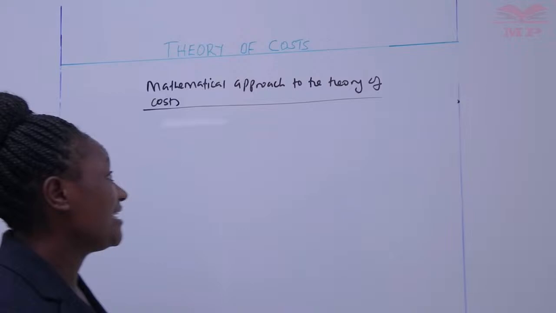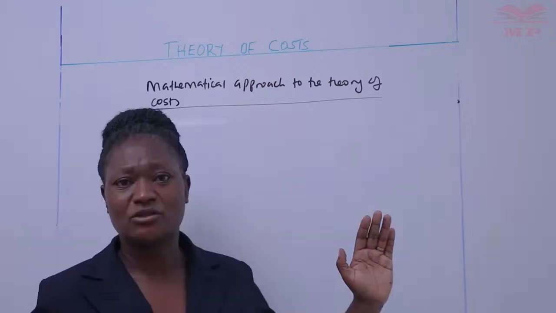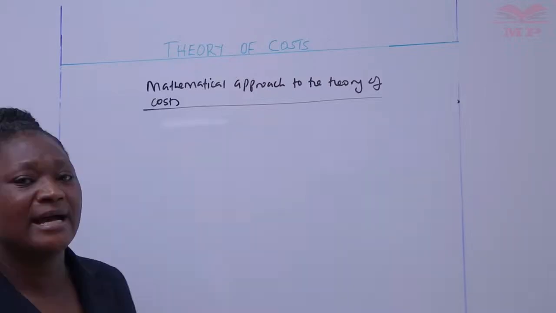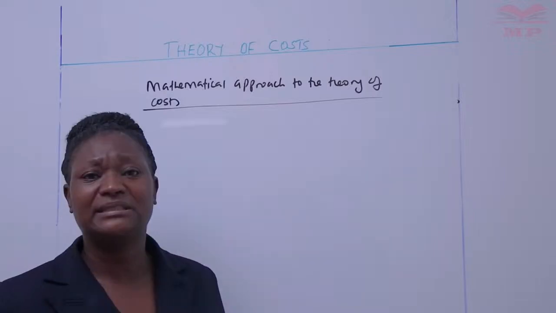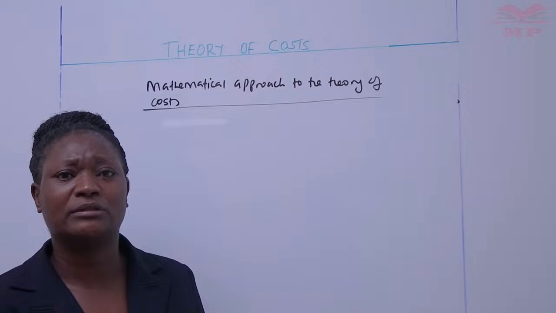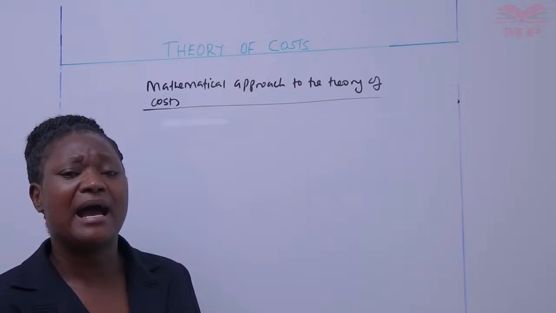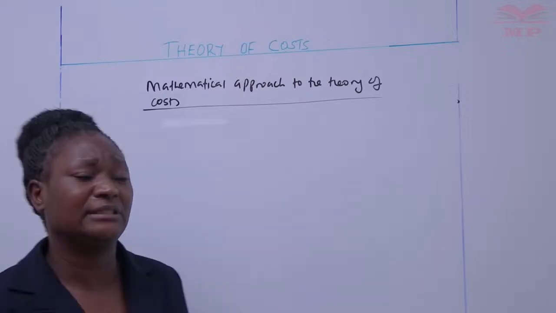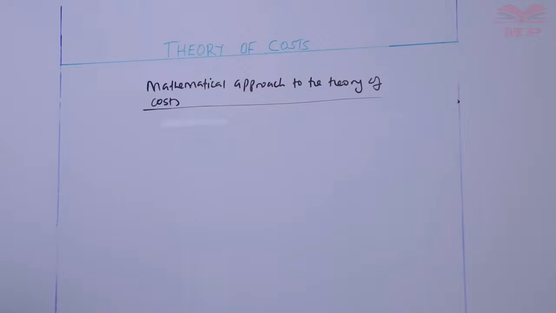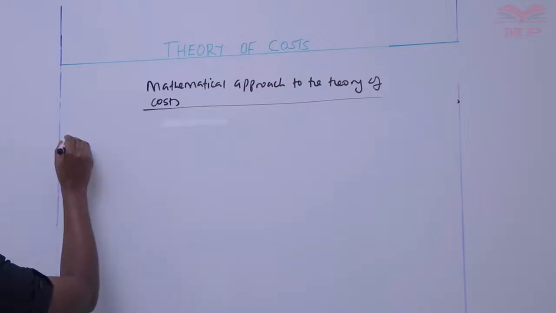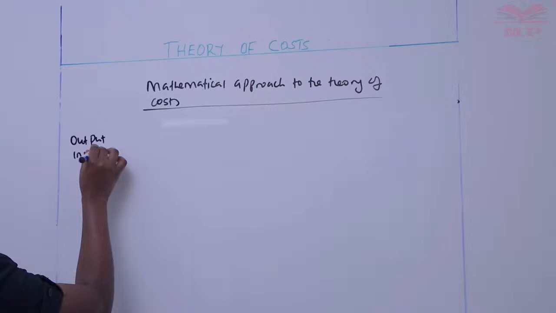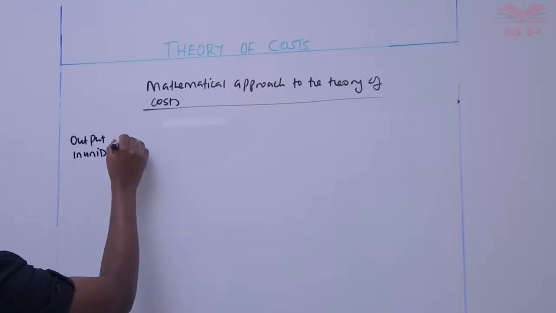So I'll give an illustration. We are assuming a case where you've already been given the level of output, you know the fixed cost, and you know the variable cost. How can you use this to derive all other costs of a particular firm? So I'll give a table. Then we have fixed costs.